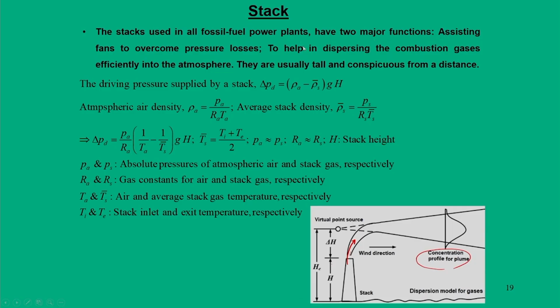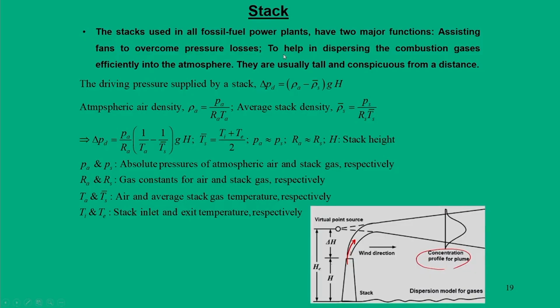One is assisting the fan to overcome the pressure losses, because the stack itself gives a pressure differential, higher at a larger height with respect to the atmospheric level. The other, most important, is to help disperse the combustion gases efficiently into the atmosphere.